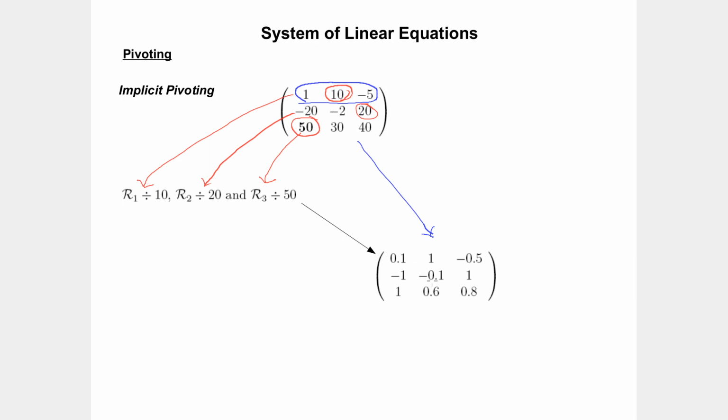Remember, this has to be performed at every step. Once I made this 1 and then do the operation, when I get a submatrix, here again this may go greater than 1. Then again I divide every row by the maximum magnitude element and make it less than or equal to 1 every time, and that way we implement implicit pivoting in the code.